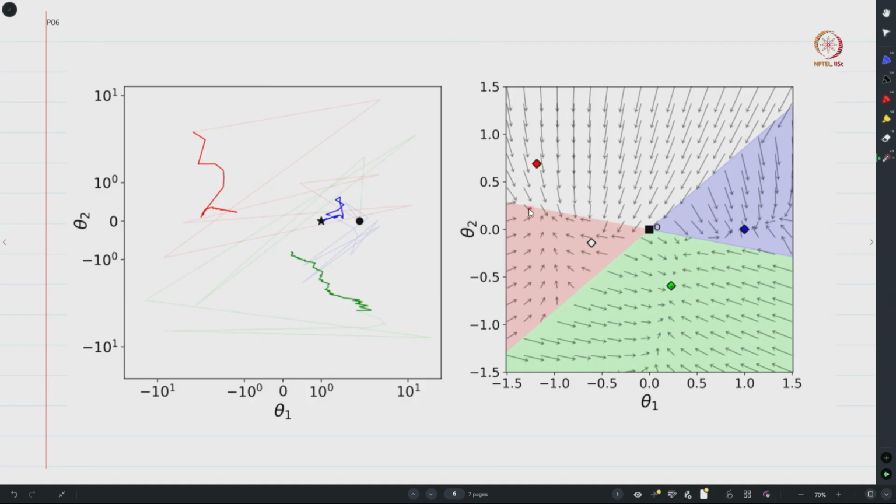Now, because of the noise, you will often get pushed up and down, and because you are getting pushed up and down, the greedy policy sometimes will be the deterministic policy that is present here, and sometimes, when your iterates are over here, the greedy policy will be the deterministic policy associated with this cone.